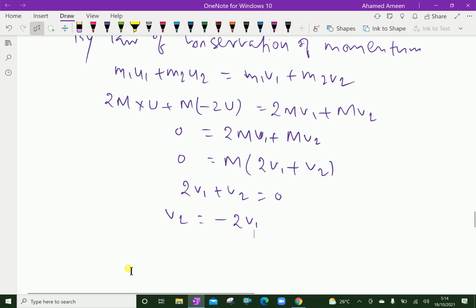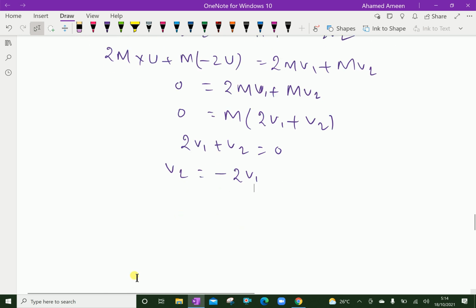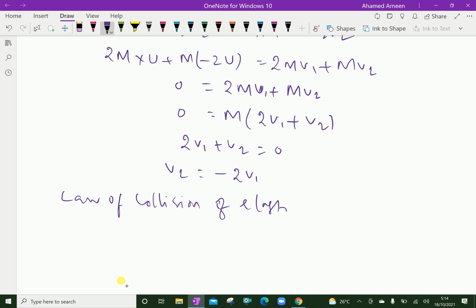We know that by the law of collision of elastic bodies, we have the result v2 minus v1 equals E times u1 minus u2.